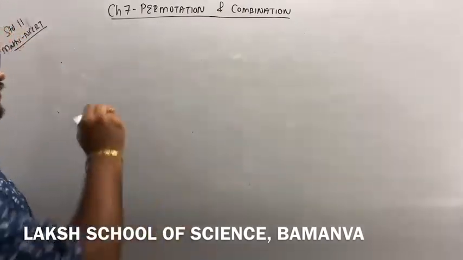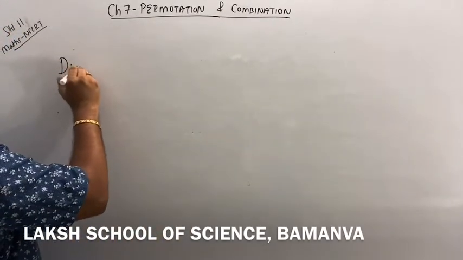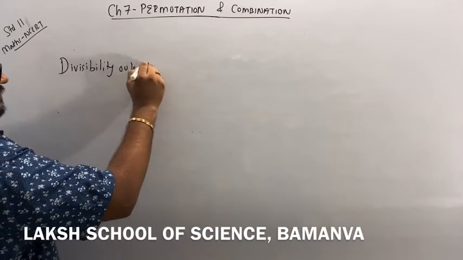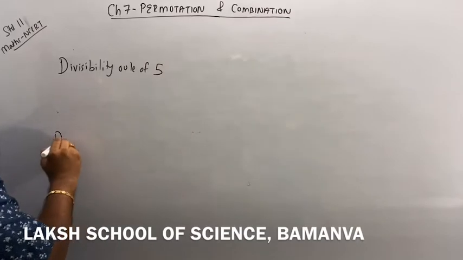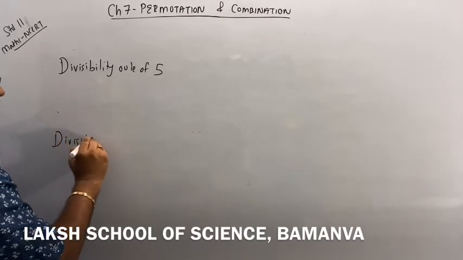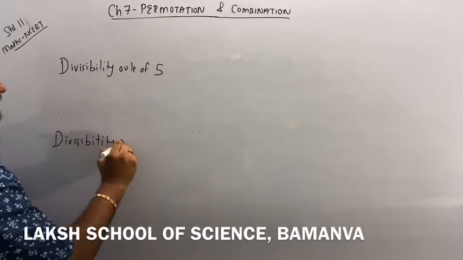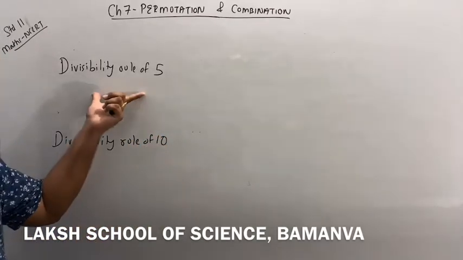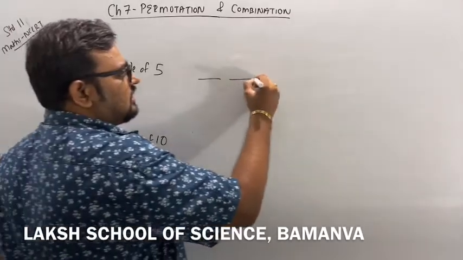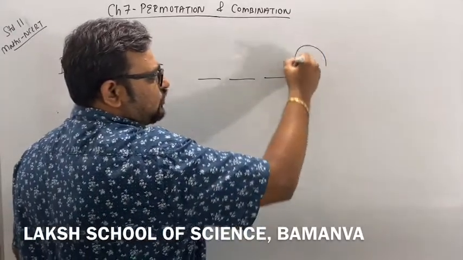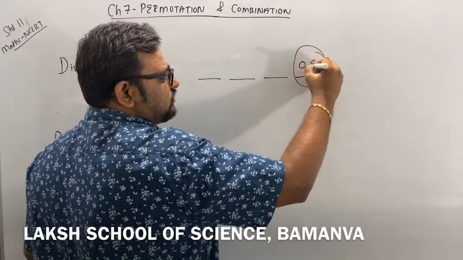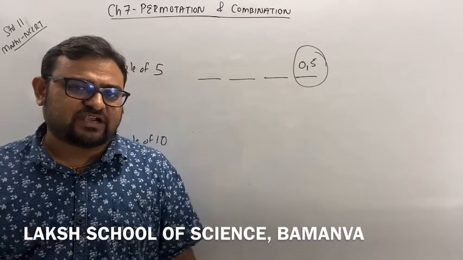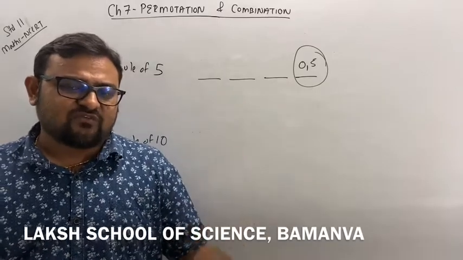Now, divisibility rule of 5 and 10. When you say divisibility rule of 5, then at units place it must be 0 or 5. 5 zeros are 0, 5 ones are 5, 5 twos are 10, 5 threes are 15, 5 fours are 20.